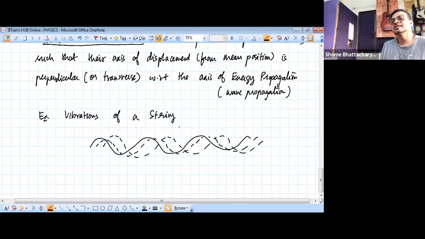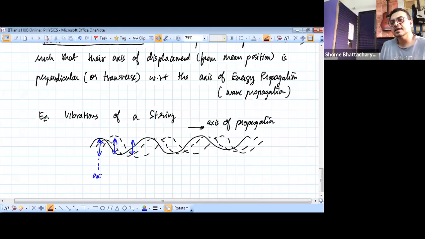So the energy propagation or the wave disturbance is happening in this direction. This is the axis of propagation, the disturbance or the wave or the energy of the wave. But the medium particles are not moving like that. The medium particles are just oscillating to and fro about their mean position.